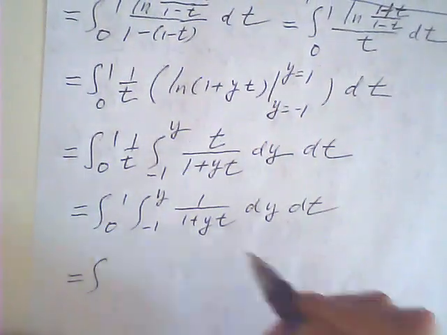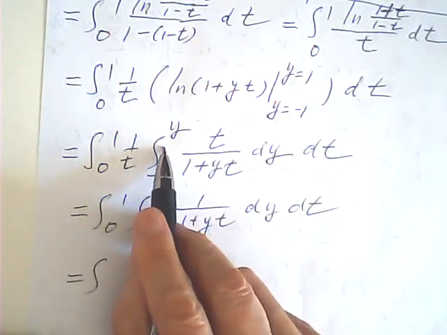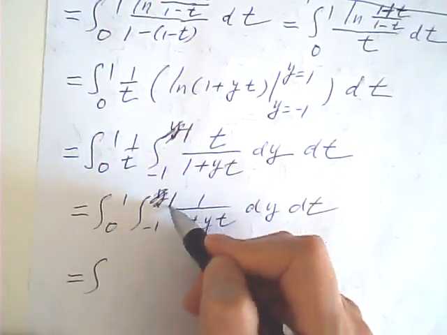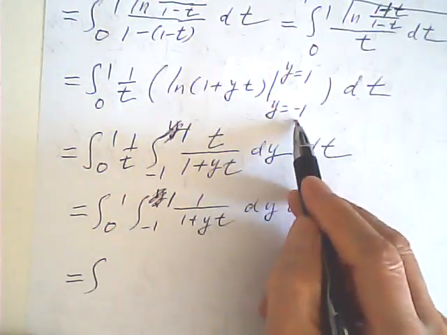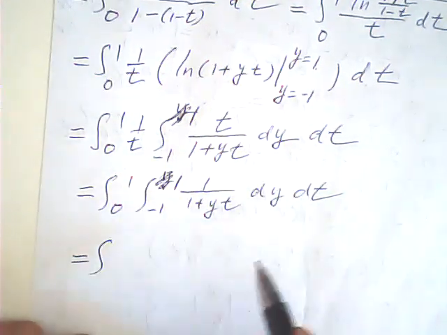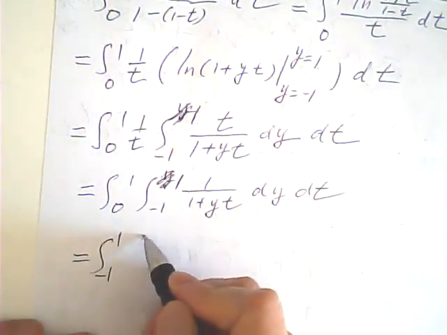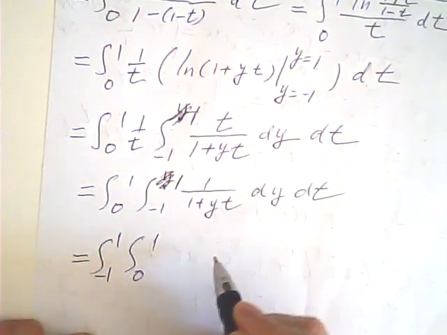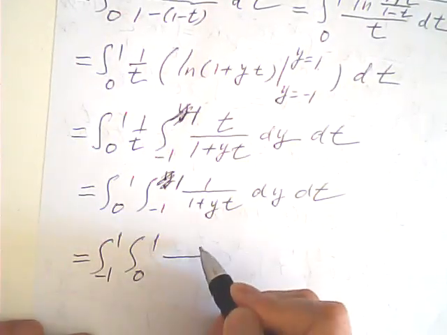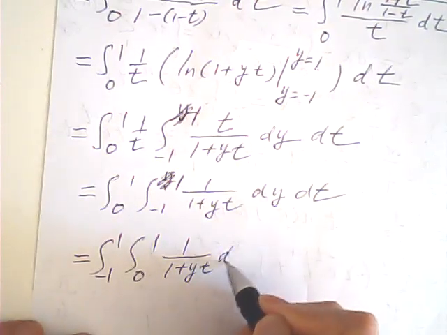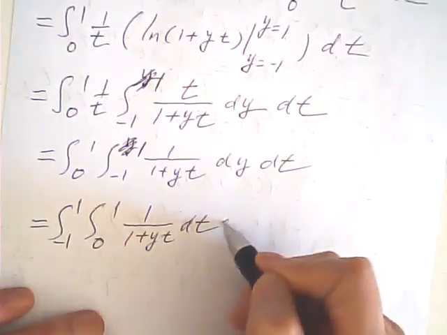This is 1, I'm sorry, this is negative 1 to positive 1. Okay, so I switch the order of the integral. Then I do this one, 1 plus yt, dt, then dy.